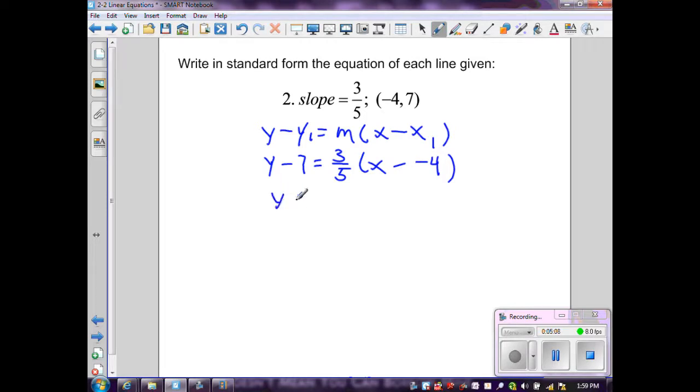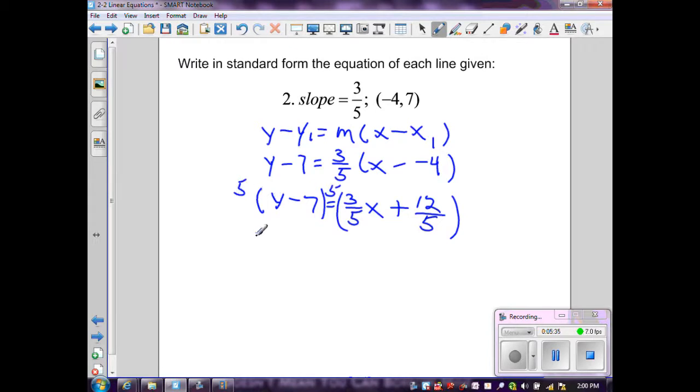Let's simplify. Y minus 7 equals 3/5 x. Double negative is a positive, times a positive is going to give me 12/5. Notice there are fractions in our problem. Let's eliminate the fractions by multiplying both sides by the least common denominator, which is going to be 5.